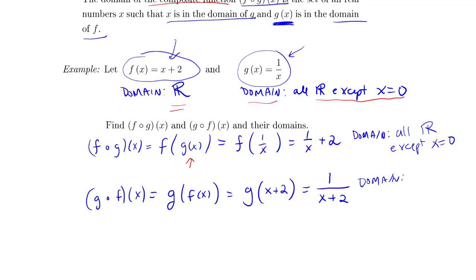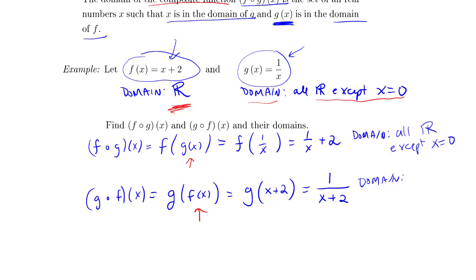Right. Now, what about the composition g of f of x? Well, let's be careful. Again, first it has to go into f, but f takes everything, so no restriction there. Then it comes out of f and goes into g, but g can't take anything that's going to put a 0 in the denominator. In other words, I can't put 0 into g.